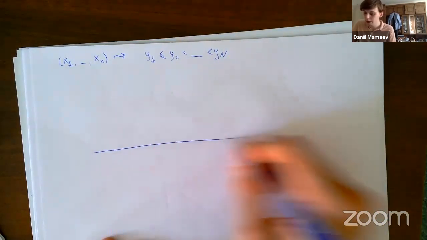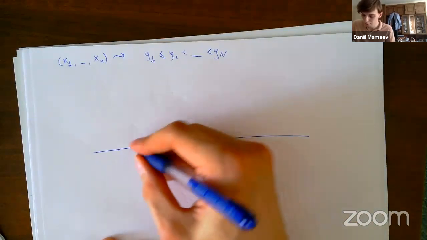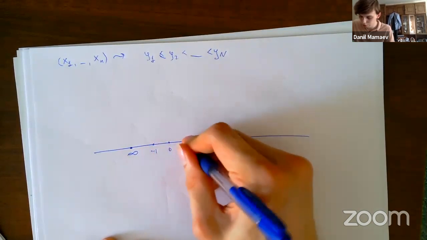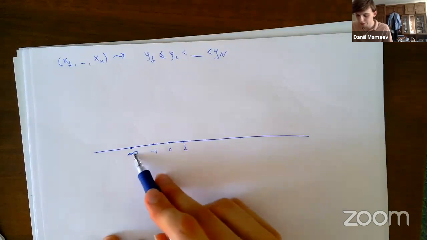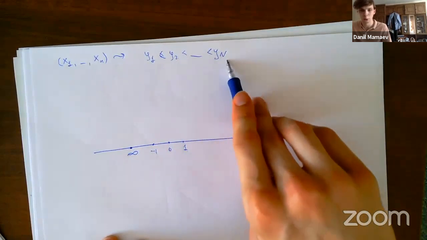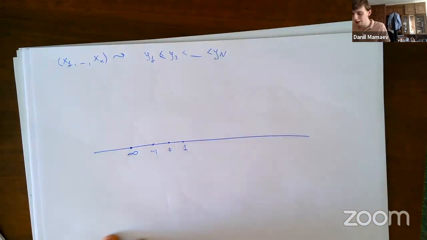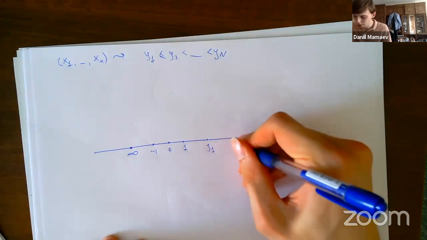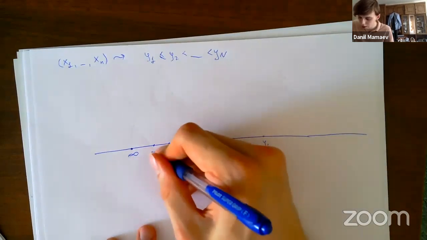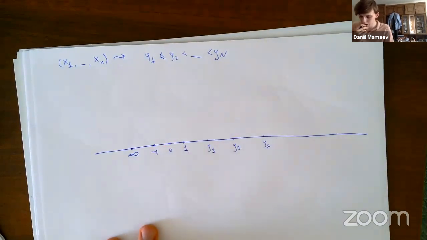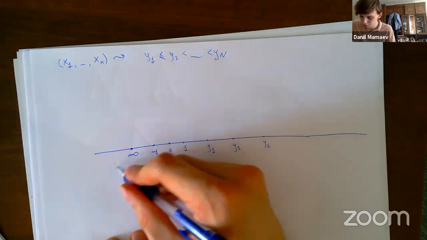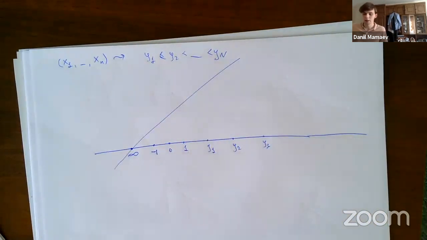Then we put these y's on a projective scale. So we fix infinity, 0, and 1, we get a projective scale on a line, and then we have some numbers y1, y2, y3, etc., yn, and we have them somewhere. And then we draw another line.